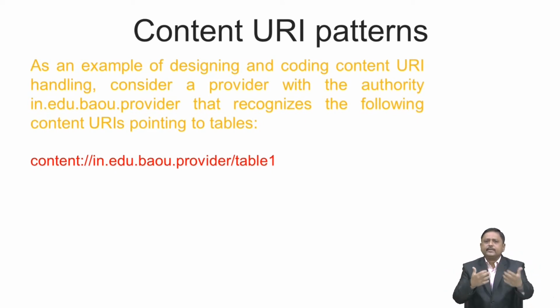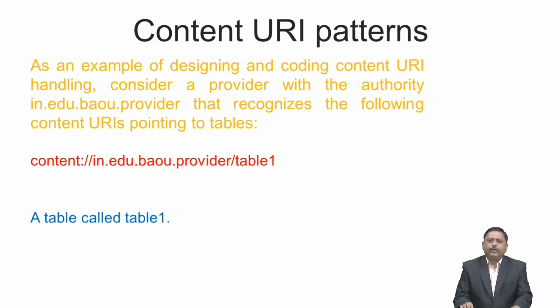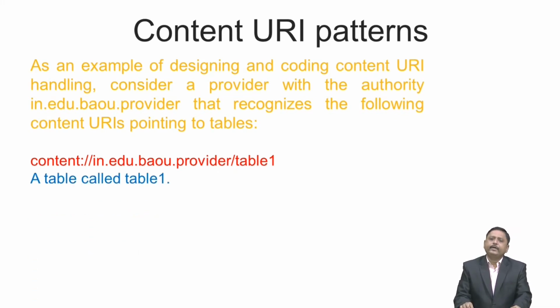So how to access that information? Suppose I write content:// and then our authority name in.edu.baou.provider, and if I write /table1, it means I want to refer to table 1 of the content provider. It refers to a table called table 1.